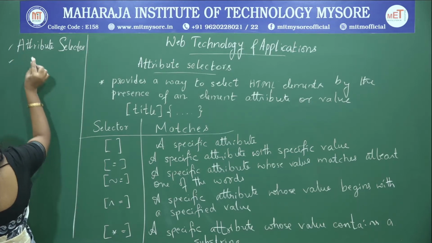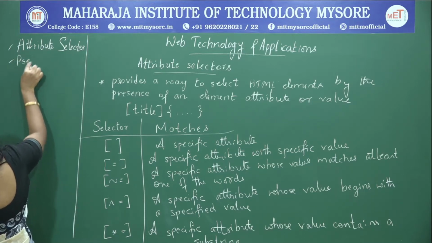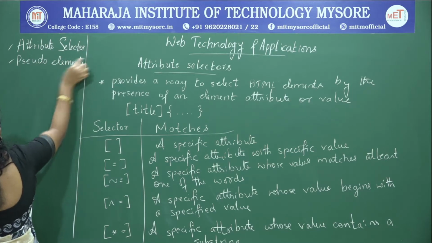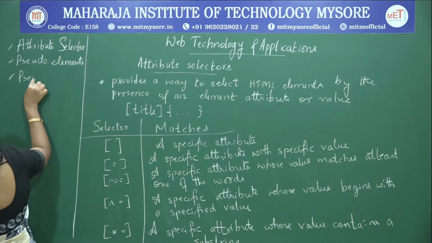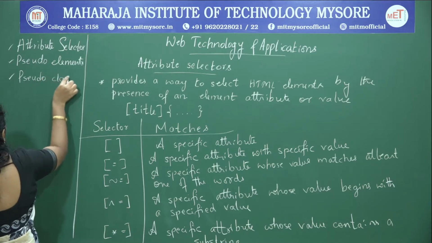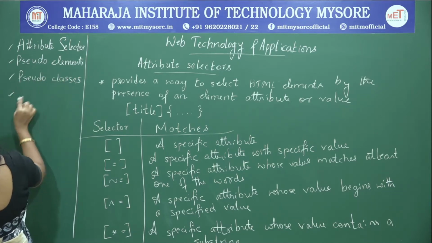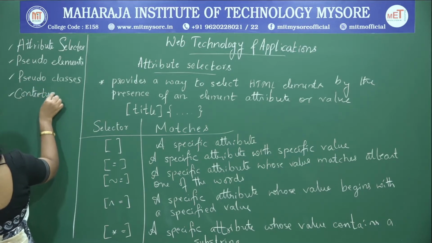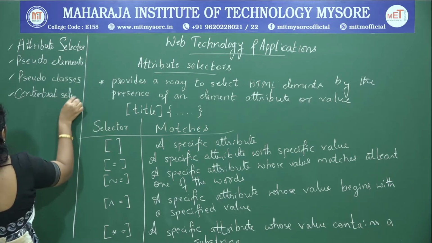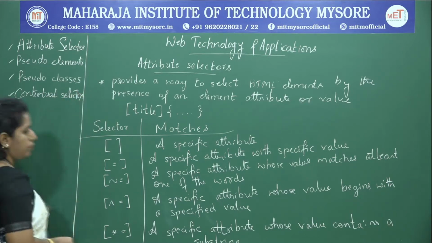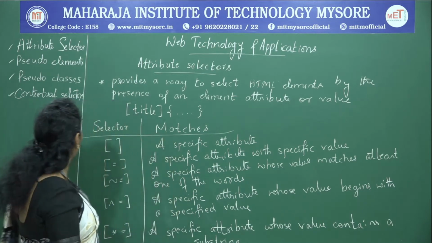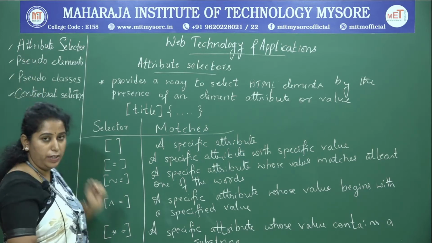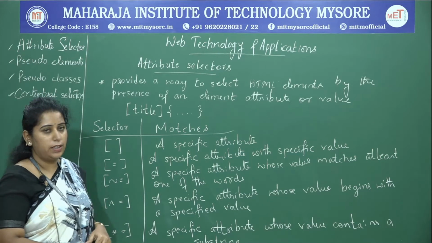Then I am going to explain pseudo elements, then pseudo classes, then contextual selectors. So these are all the topics I am going to explain in today's session. So let us begin with the first topic, that is attribute selector.